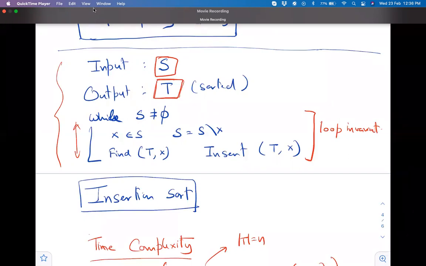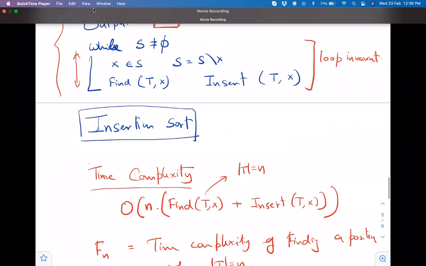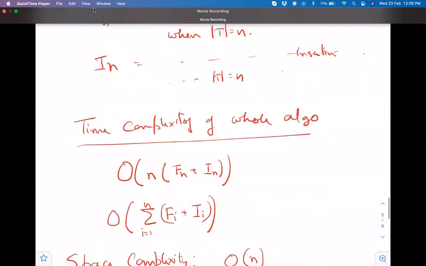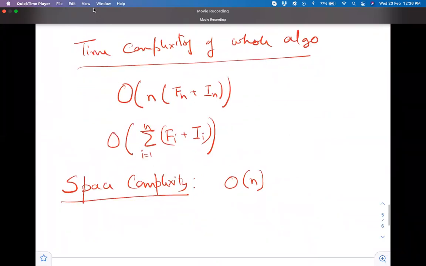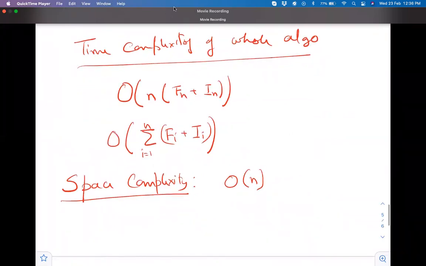If I can do that, it would possibly help me improve the space complexity. Fine. Any questions?